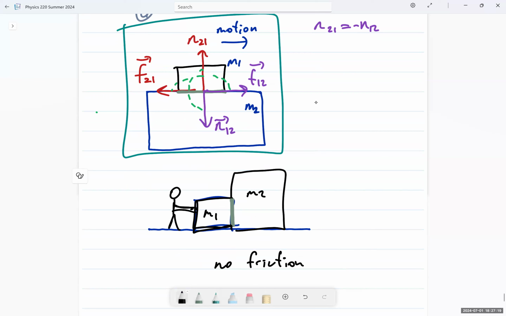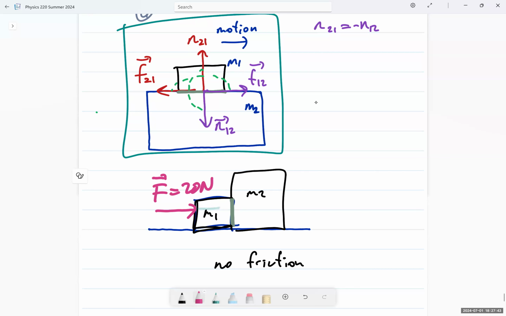Let's say there's a force acting on M1 due to this person. So there's a force like this acting on M1. Let's say it's 20 newtons.